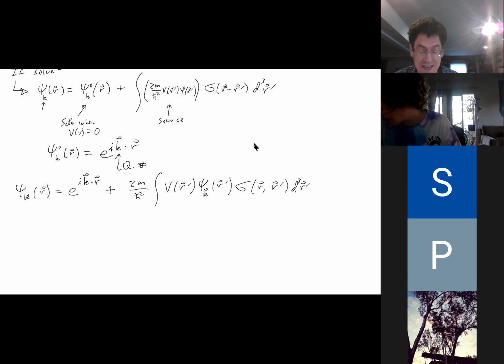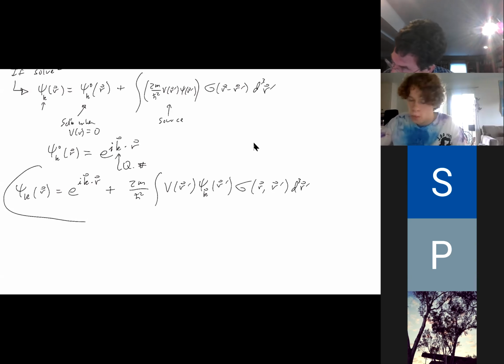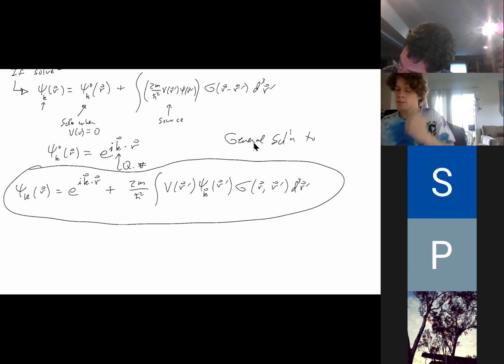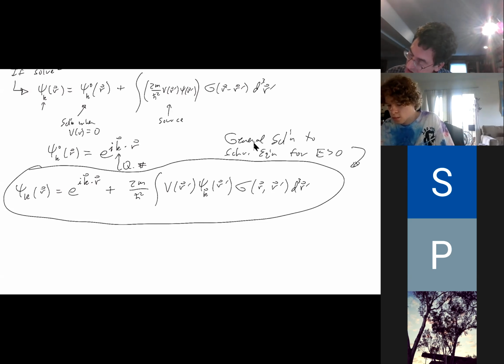Okay, so that is the general solution to the Schrodinger equation for positive energy. You can think of this as a general scattering solution.